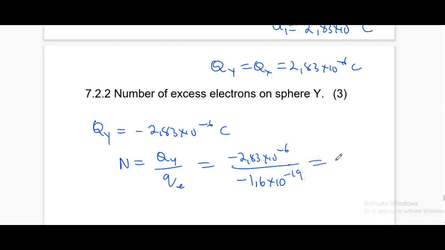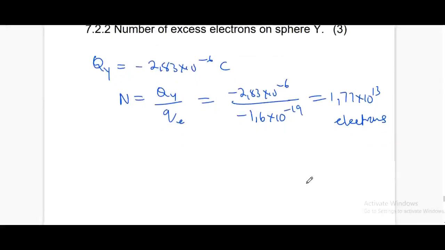So we have negative 2.83 times 10 to the power minus 6 divided by minus 1.6 times 10 to the power minus 19. What do we have now? We have 1.77 times 10 to the power 13 electrons in excess. So 3 marks: 1 mark here, 1 mark here, 1 mark there.